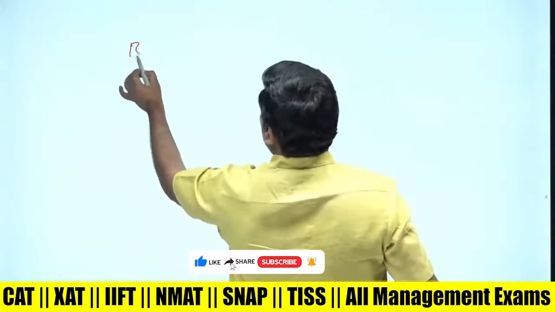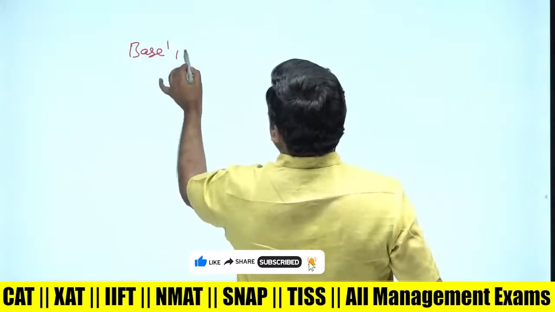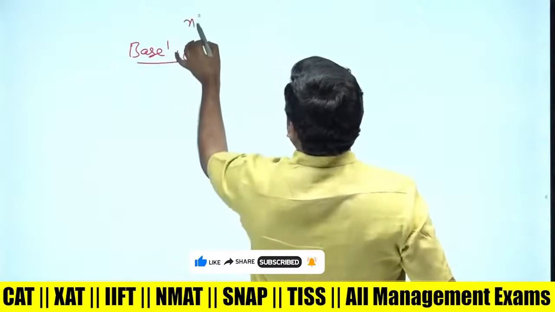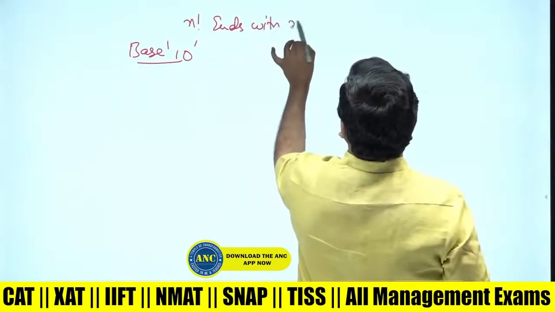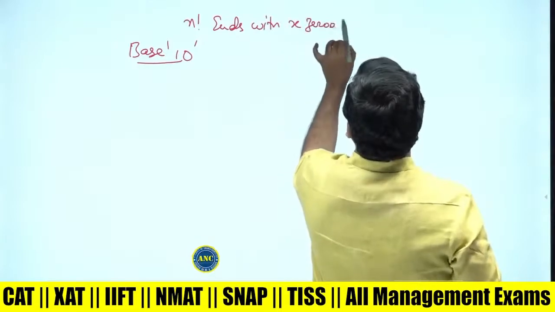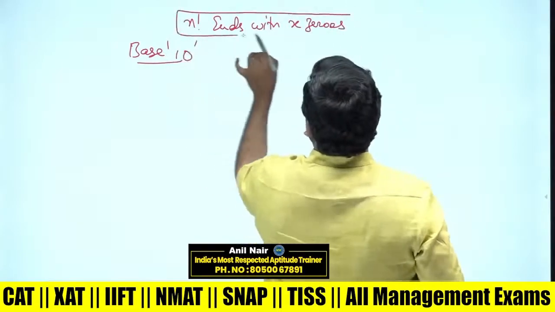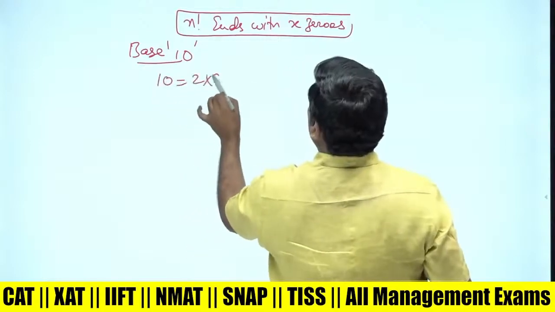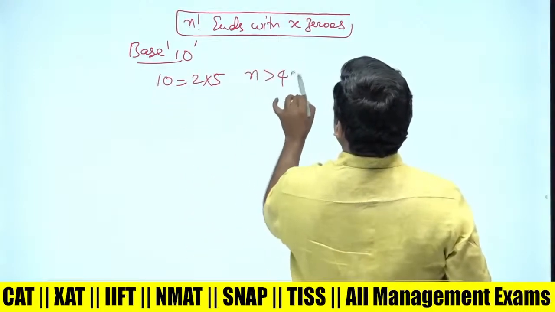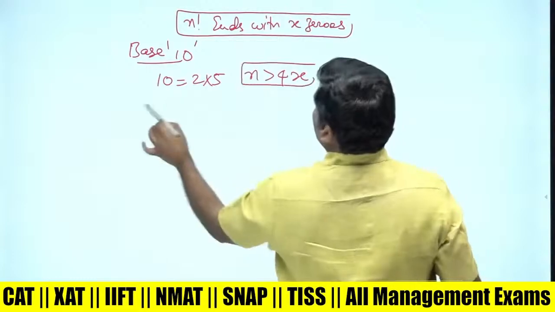Now see here, in base system 10, n factorial ends with x zeros. So 10 is 2 into 5, so n is greater than 4x. This is the relationship.